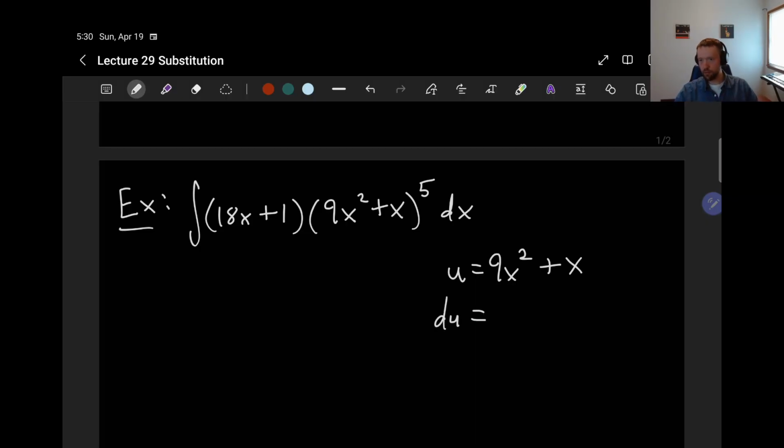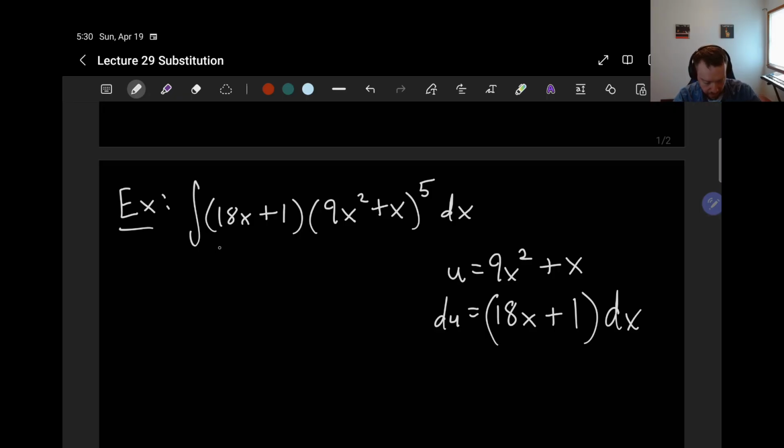And when I make a substitution with this new variable, then I want my new integral to be completely in terms of u, not x anymore. So du, remember that's taking the derivative of u and then multiplying by dx. So 18x plus 1 times dx. And this is our new differential du.